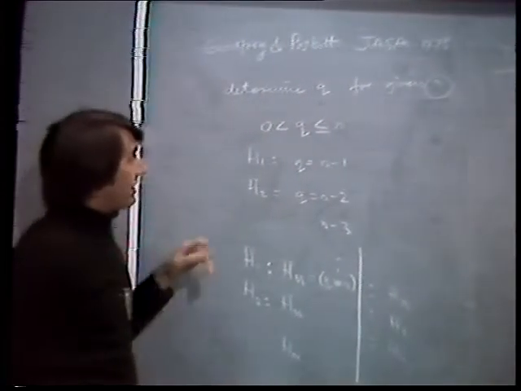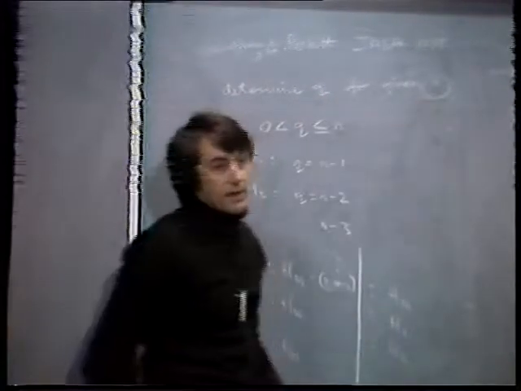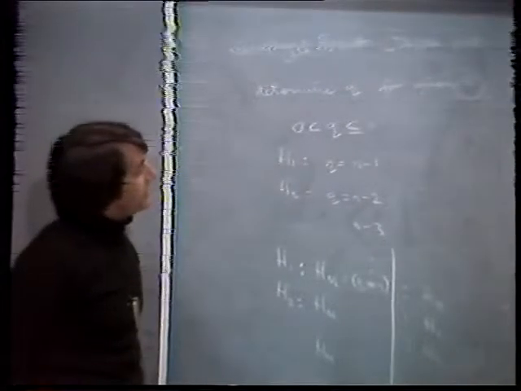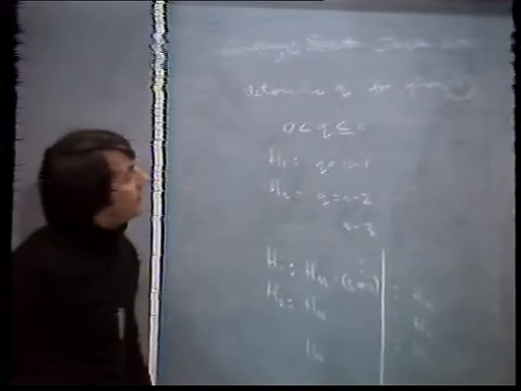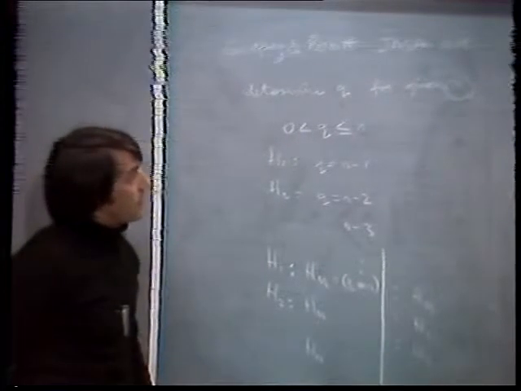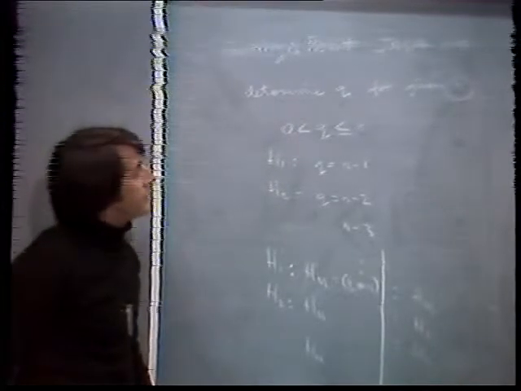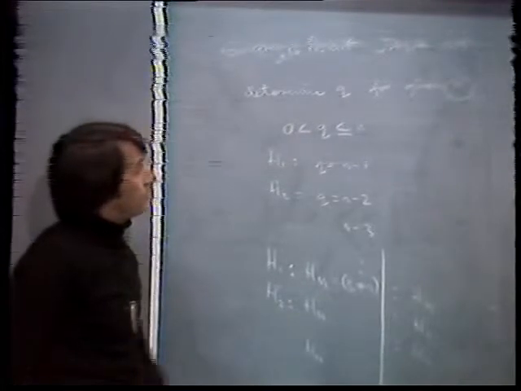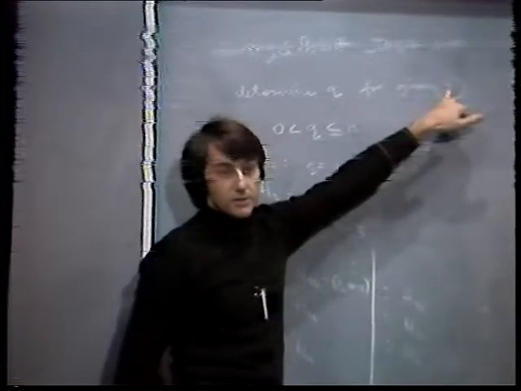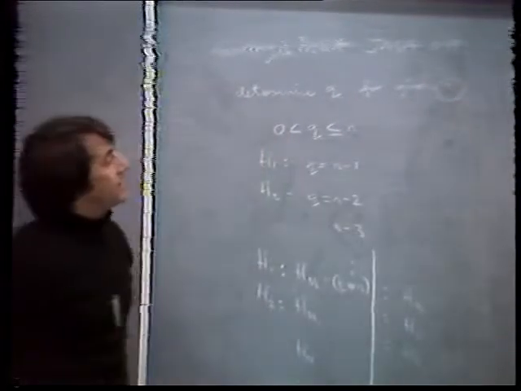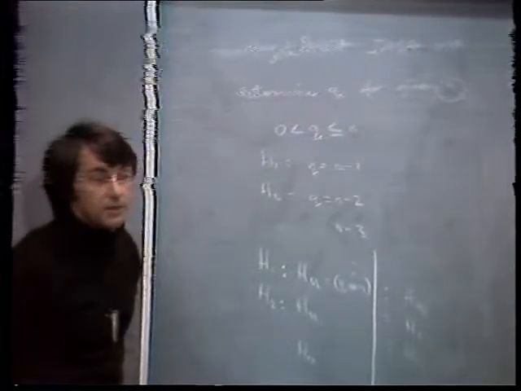But very briefly, they do mention that when you simultaneously want to determine Q and N, the problem that arises is that the hypotheses concerned with both Q and N are not uniquely ordered, and also you can have problems of non-nested hypotheses. So if you do in fact fix the value of Q, and then consider variations in N, you immediately run into a problem of wanting to discriminate between non-nested hypotheses.